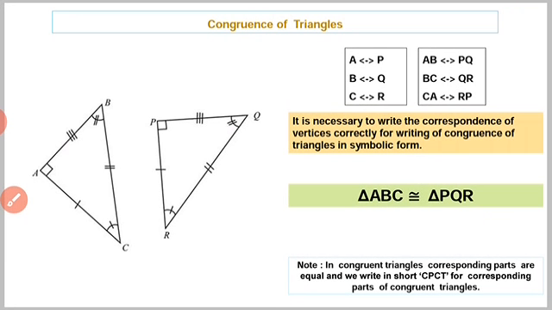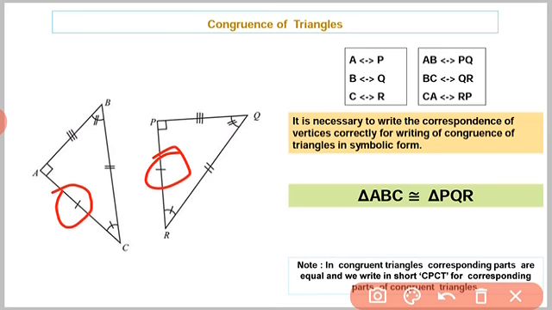So, congruence of triangles. Here we have been given two triangles, triangle ABC and triangle PQR. These symbols denote that corresponding sides are equal. AC corresponds to PR and they are equal.